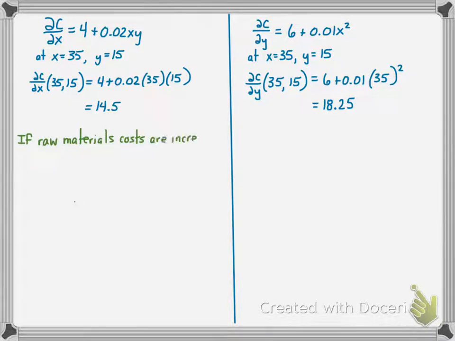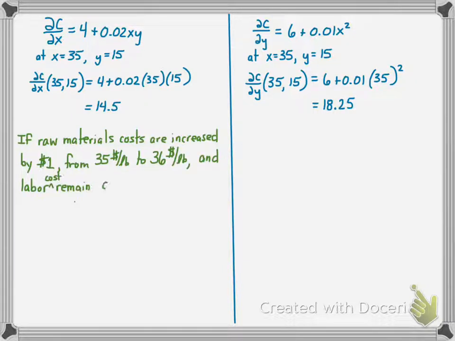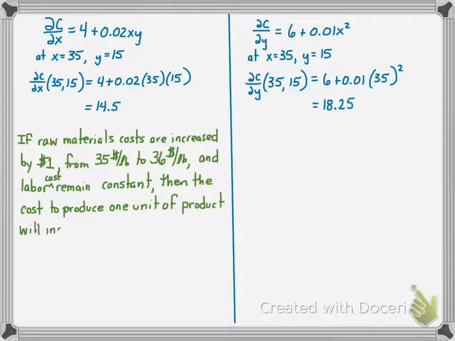If raw material costs are increased by $1 from $35 per pound to $36 per pound, but labor costs remain the same, then the cost to produce 1 unit of our company's product will increase by approximately $14.50.